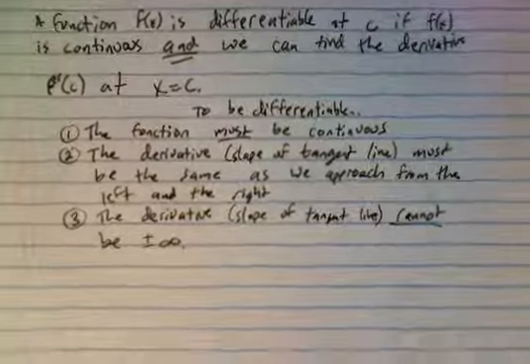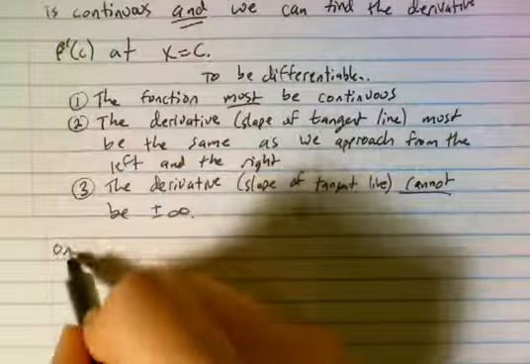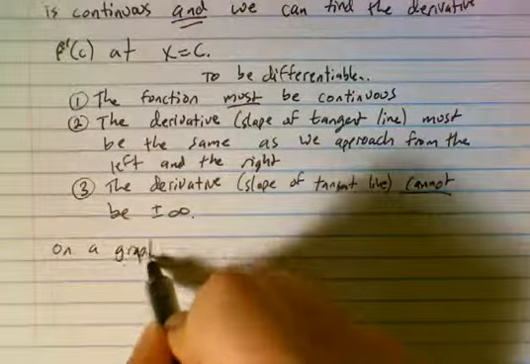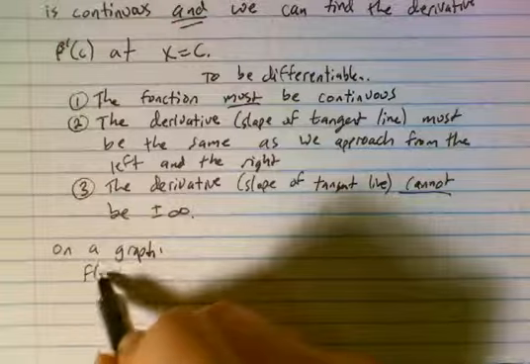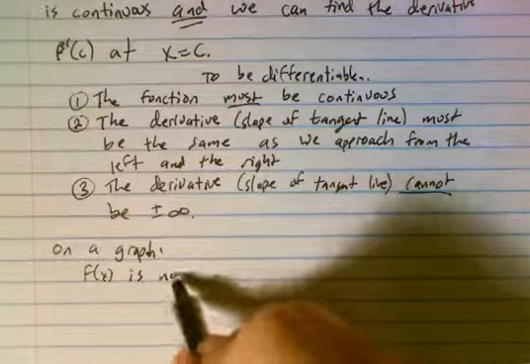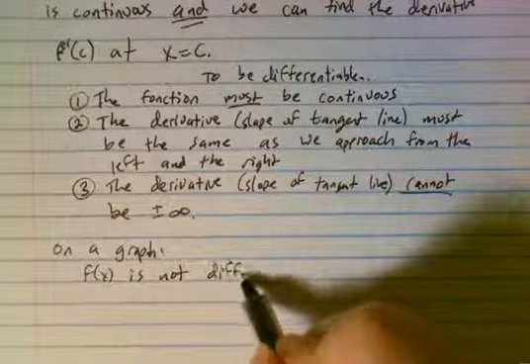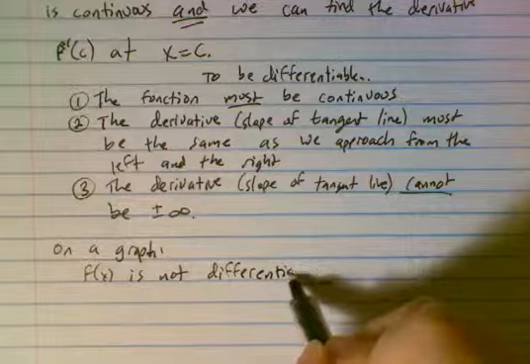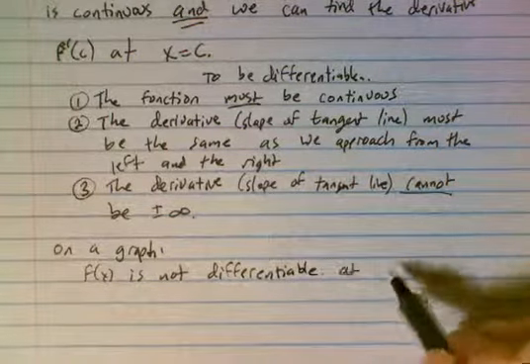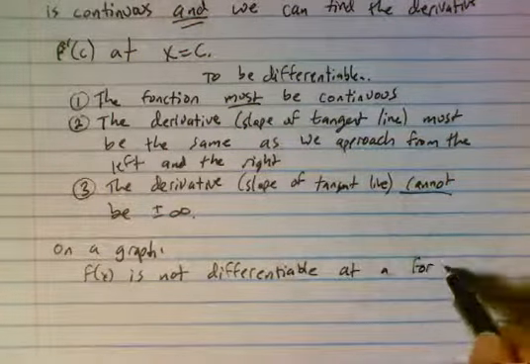So on a graph, we can just sort of look and spot these things. F of x is not differentiable at a for each of the following.